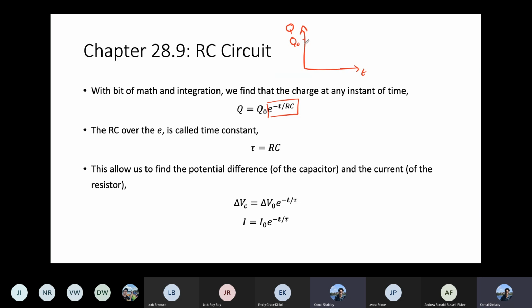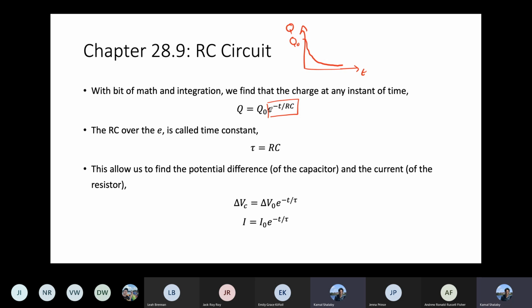We know that over time, the charge will keep decreasing. And that decrease is not linear, because that would make things too simple in physics, and for many reasons that's not the case. It's going to look more like this. This is called exponential decay.